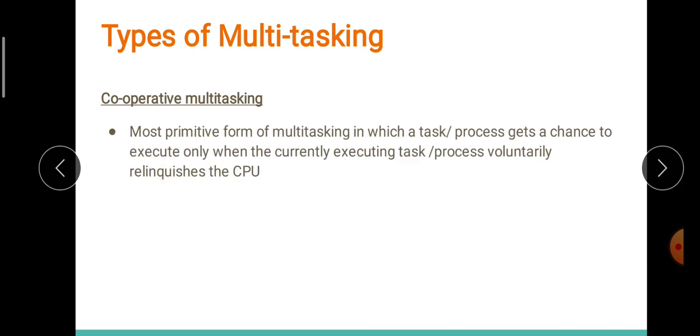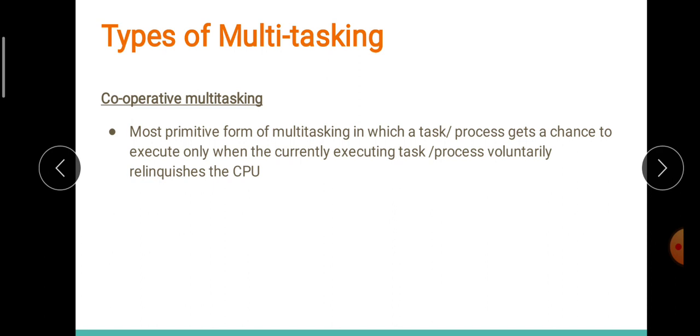Here, a task or a process gets a chance to execute only once the currently executing process voluntarily releases the CPU. Say I have task 1 and task 2. Task 1 is currently running and next to be executed is task 2.